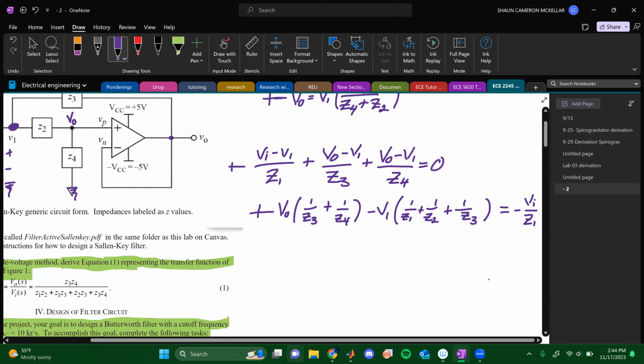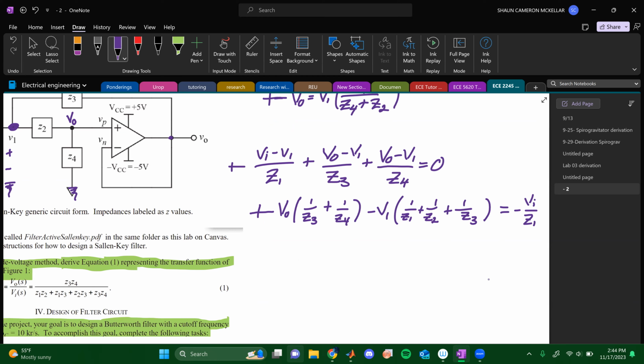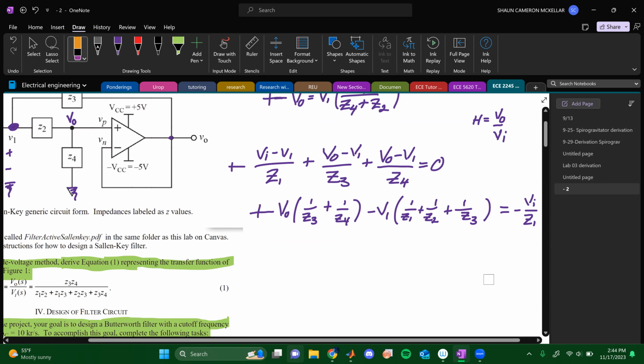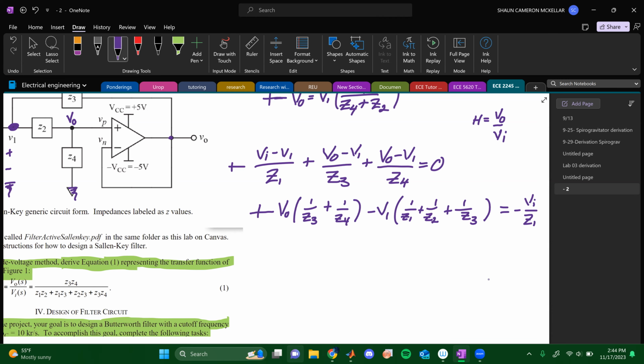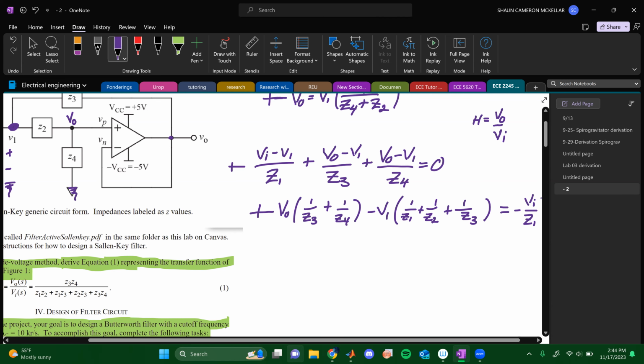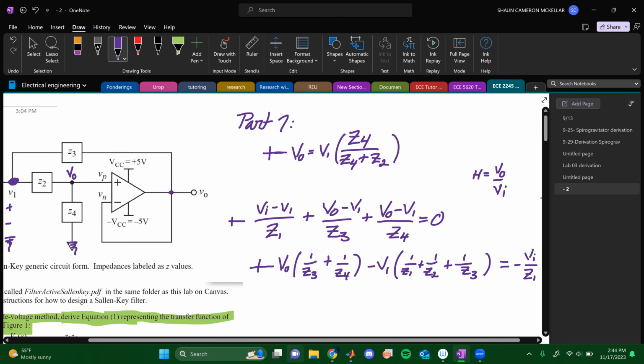Okay, so now I can see that I'm one step closer to getting H. Remember, H equals V out over V in. And with this new equation I'm working with, I can see my only voltage terms are V out, V1, and V in. But I have this equation up here that relates V out and V1.